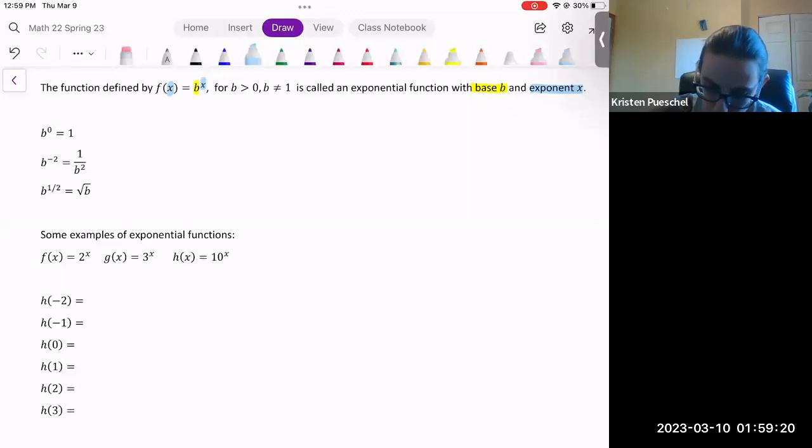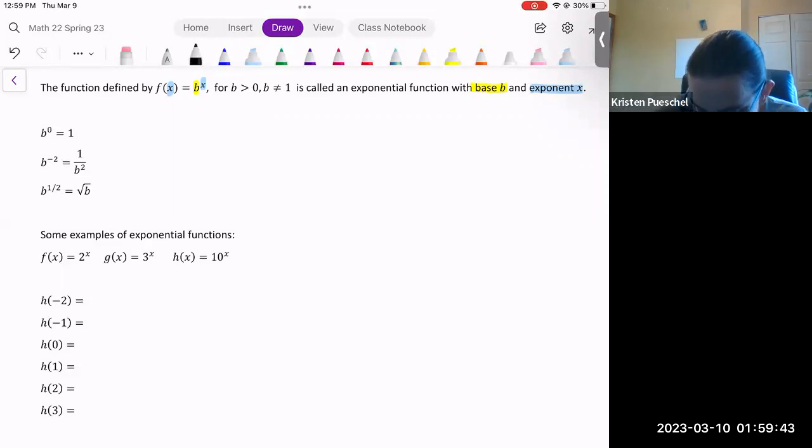So here are some examples of some exponential functions. We have f of x equals 2 to the x, g of x is 3 to the x, and h of x equals 10 to the x. And we're going to compute a couple of these. So we're going to be working with 10 to the x. Let's look at some values. So we have h of -2.